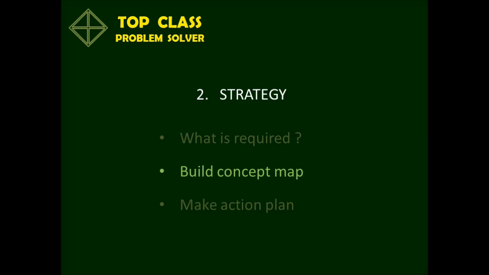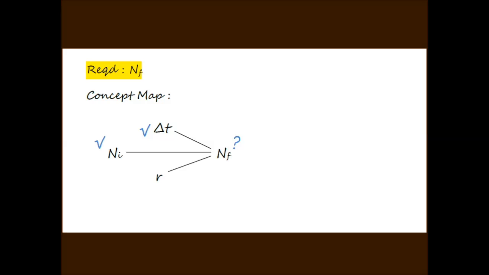The second step of the strategy is to construct the concept map. The concept map relates the parameters that are given in the problem and the required parameter. In order to find the number of nuclei after a given time delta t, we also need the decay rate R for that isotope. This we do not have.